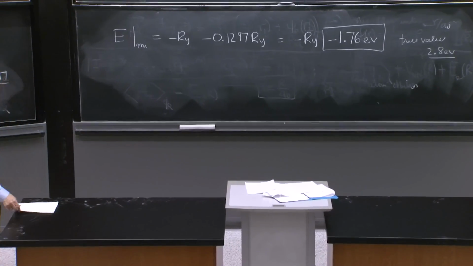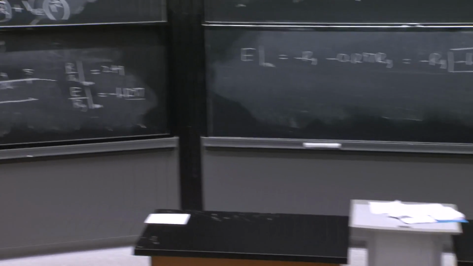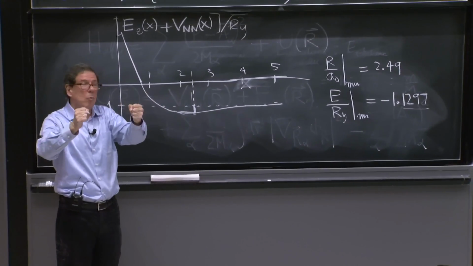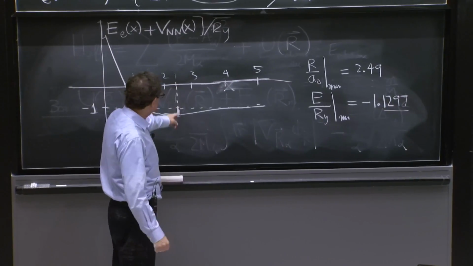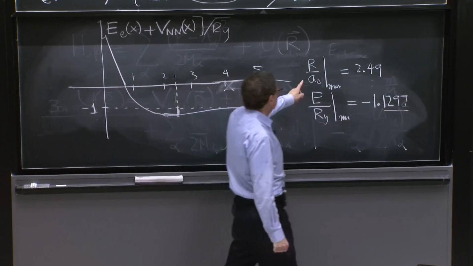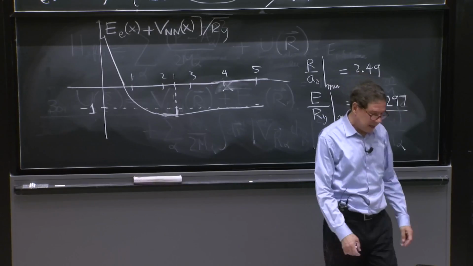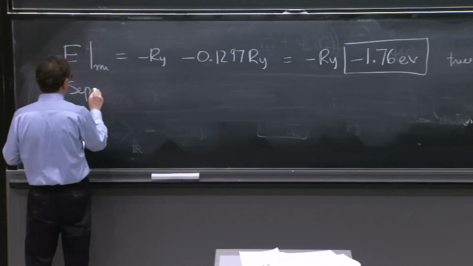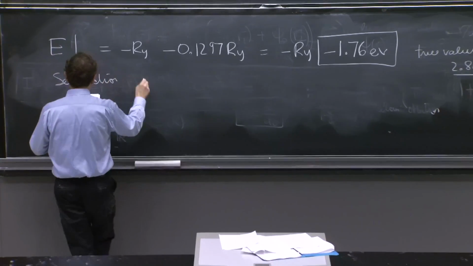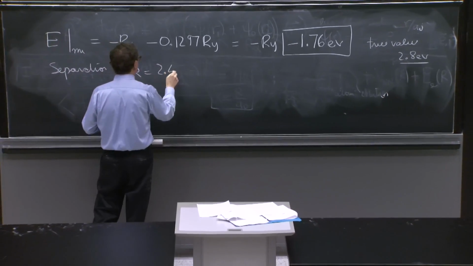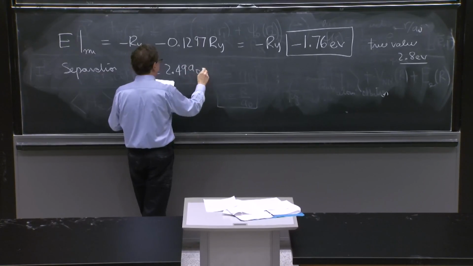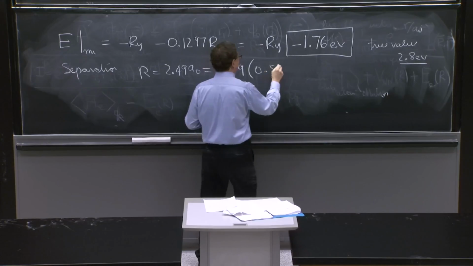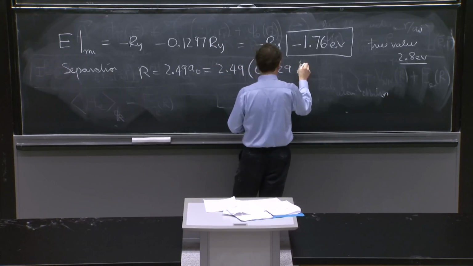Another thing that you can ask is what is the separation between the nuclei in this ion? How far away are they? And this gives a prediction that it's about 2.49 a0. So the separation is R equals 2.49 a0, which is 2.49 times 0.529 angstroms.